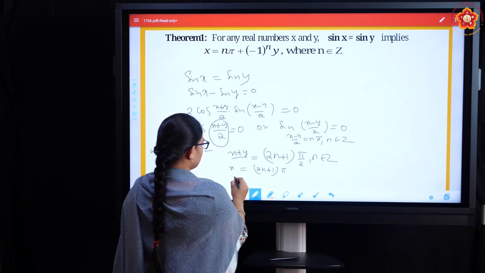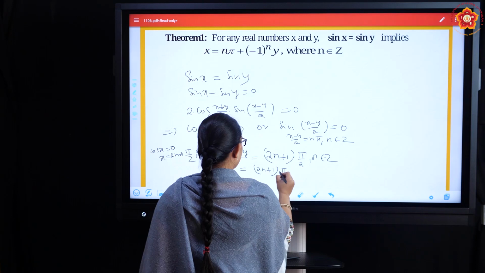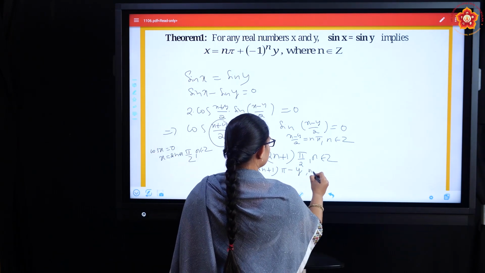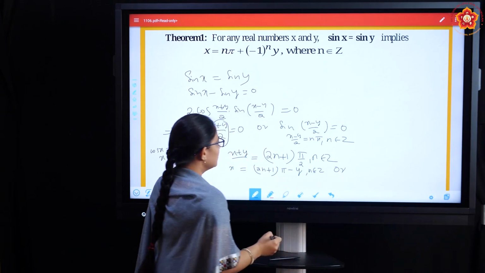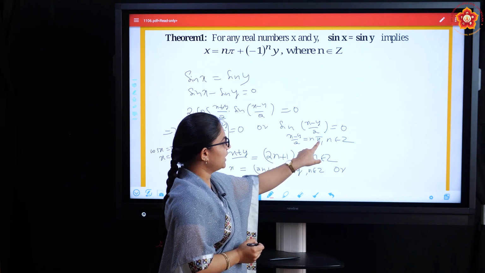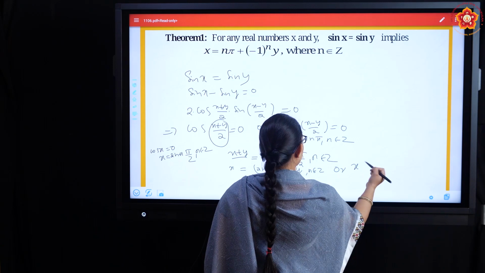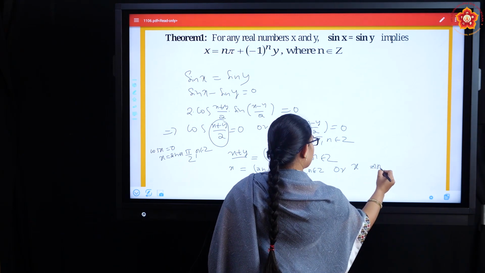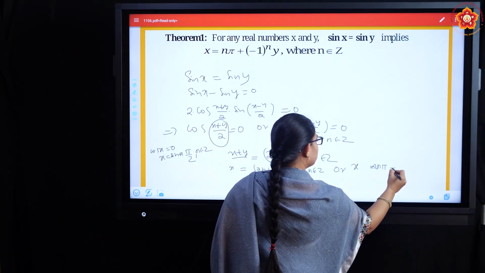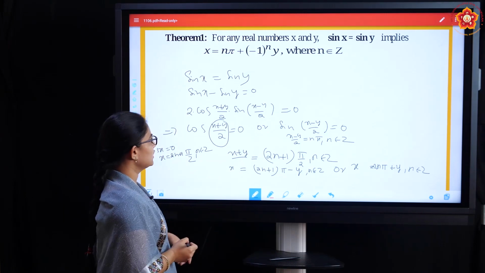I can take this y to the other side, then x is equal to (2n plus 1) pi minus y for n belongs to Z. Or for the sine I have (x minus y)/2 is equal to n pi. So if I take 2 to the other side, I get x minus y is equal to 2n pi, right? 2 into n pi, and if I take minus y to the other side, it will become plus y for n belongs to Z. Correct?